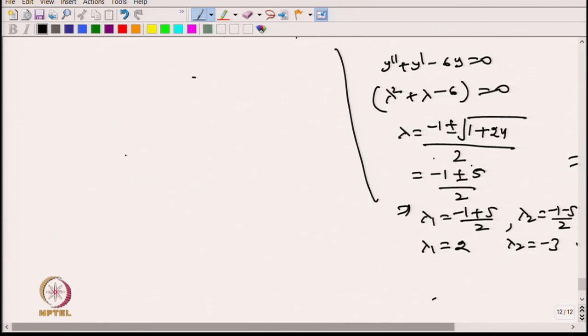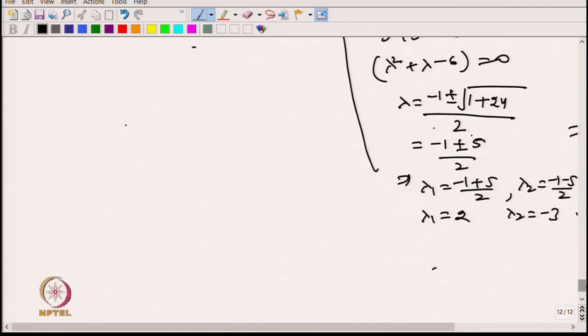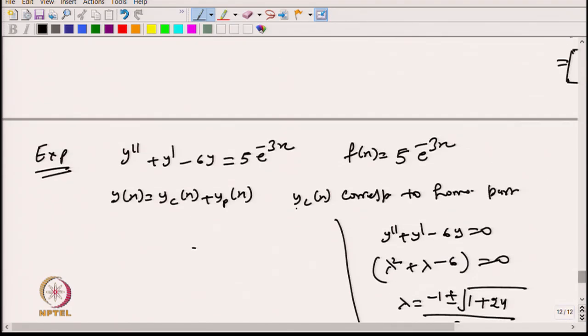Now, the question is how to find the particular solution. Now, I want to find my particular solution y_p(x). So, in this case what is my F(D)?